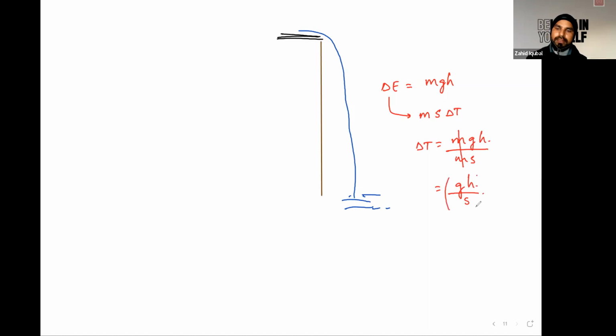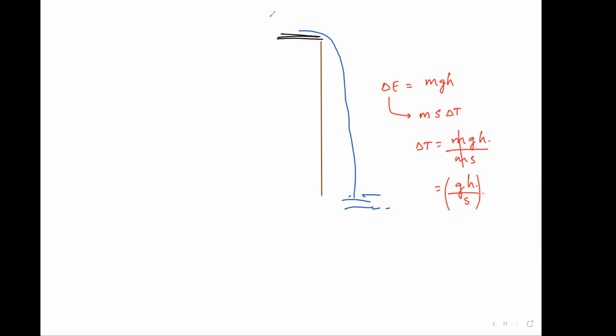This quantity will be responsible for making the temperature of the bottom water slightly greater as compared to the water above. That's why in a waterfall, the temperature of water at the bottommost point is slightly warmer. Samaira, is it clear? Yes, sir.